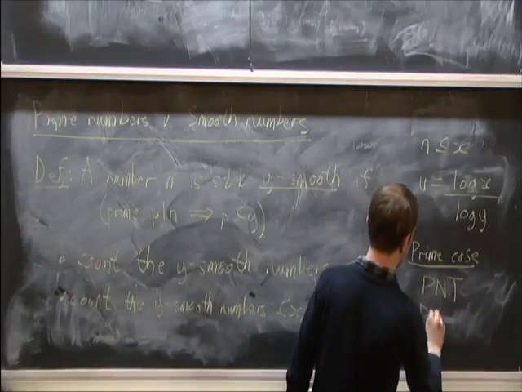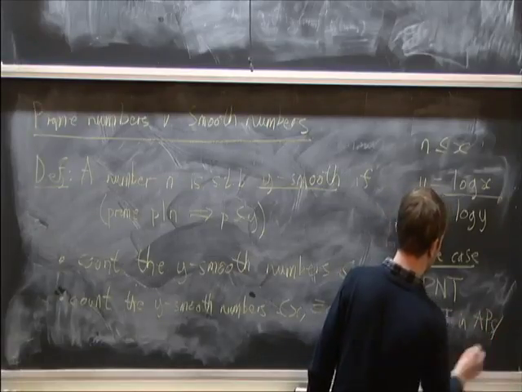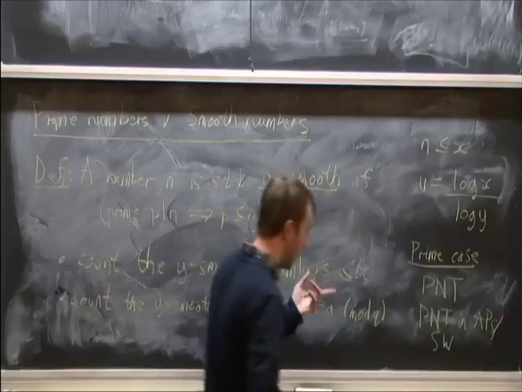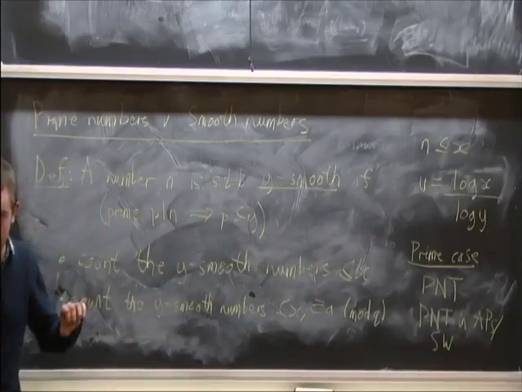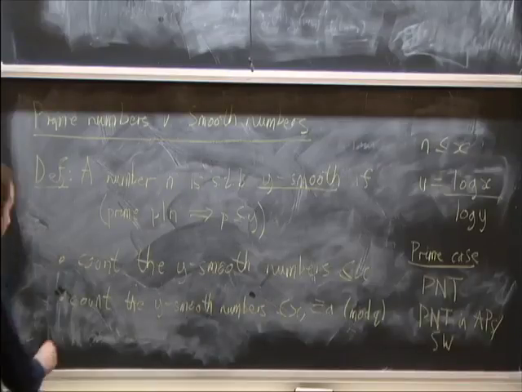In the prime case, this is the prime number theorem in arithmetic progressions, or the Siegel-Walfisz theorem if I want some uniformity in q relative to the size of x. In the prime case, the kind of uniformity that we can get is a bit bad because of the possible malign influence of the Siegel zero. And it turns out that in the smooth number case, that's very different. So that's one of the things that I want to point out.